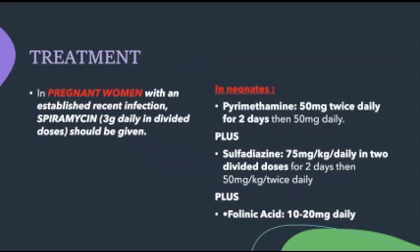And also sulfadiazine, 75 milligrams per kilogram daily in 2 divided doses for 2 days, and then 50 milligrams per kilogram twice daily. And also folic acid is added for treatment, 10 to 20 milligrams daily to newborns.